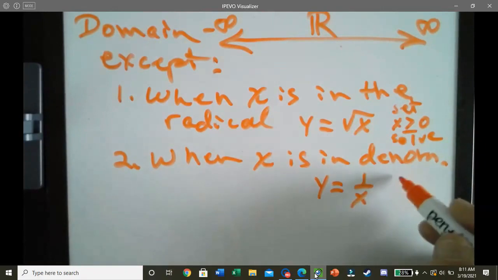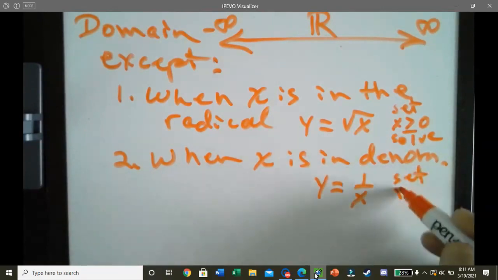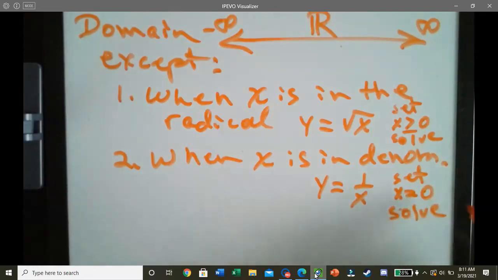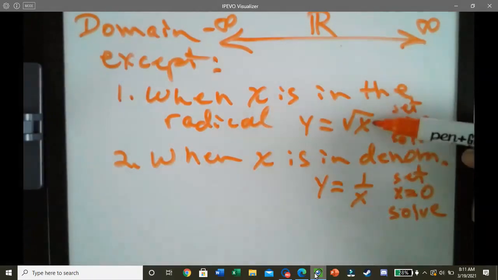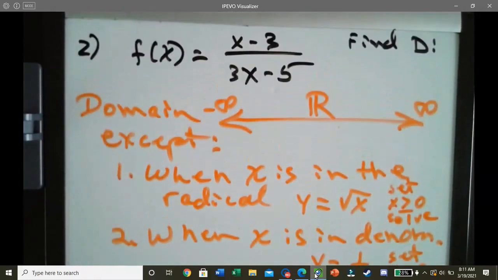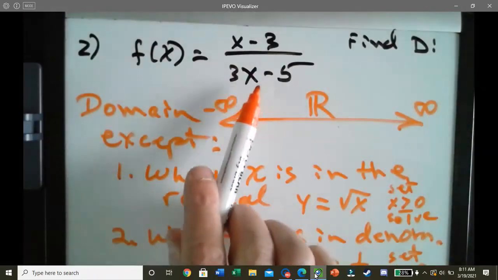When it's in the denominator, set it equal to 0, then solve. So what are we going to do here?